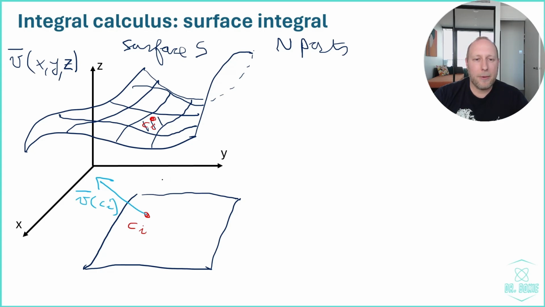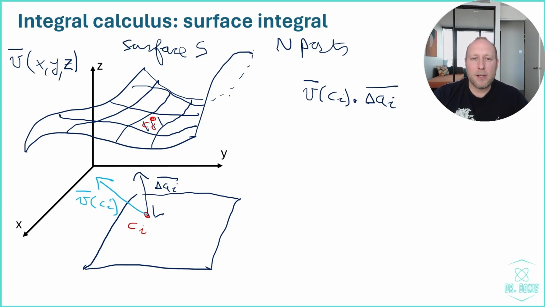So let's call the area of this ith part delta Ai. It is represented by this vector, delta Ai, which points perpendicular to the surface. And so the flux through this ith part is the dot product of V of ci with delta Ai.